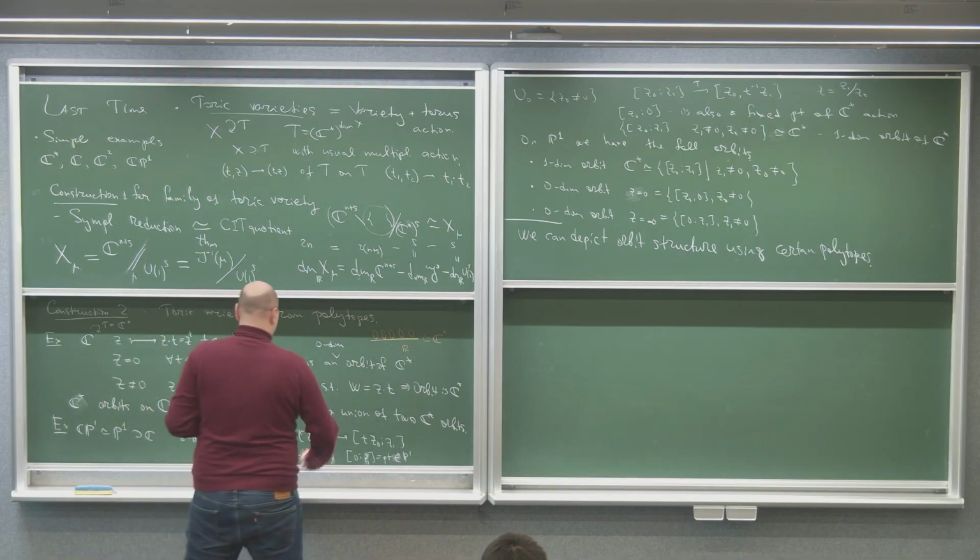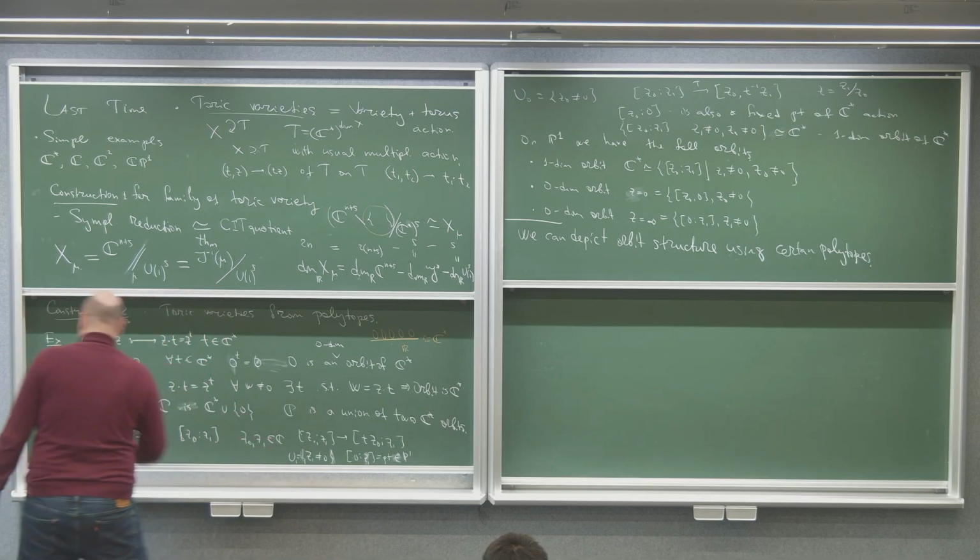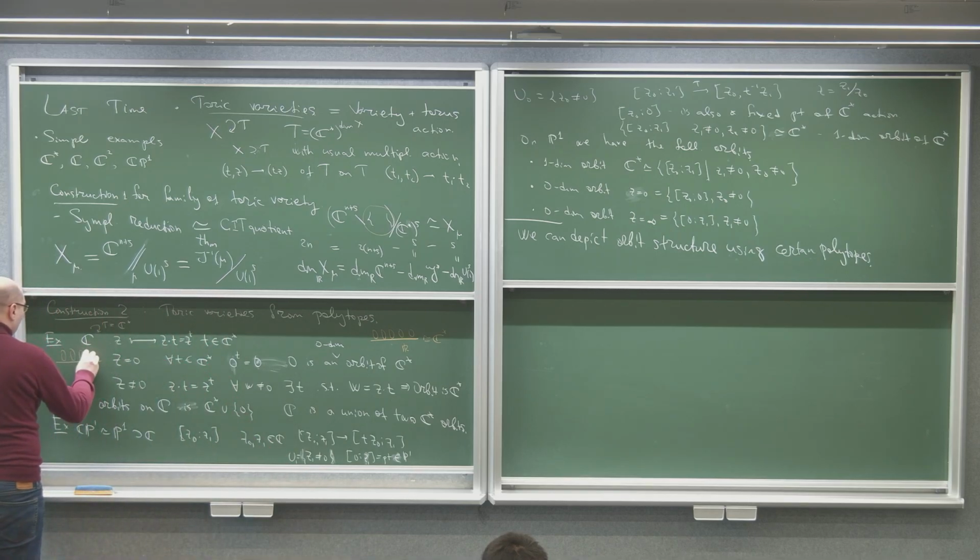Now, what if we have complex numbers? For the complex line, we have one orbit which is C star with this circle fibered over it, and then we add an additional orbit: at the infinity of this real line, we add a point.